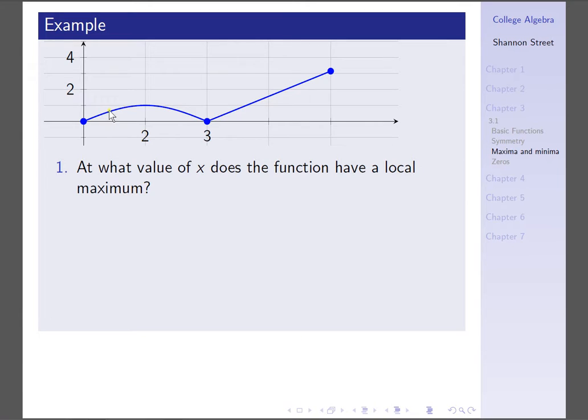We have a peak right there at x equals 2, and then our function continues downward from there. Then we have another peak right up here at the top. Now, everything around this point is also lower than it, so this would also be considered a local maximum. So here we have one at x equals 2 and one at x equals 5.